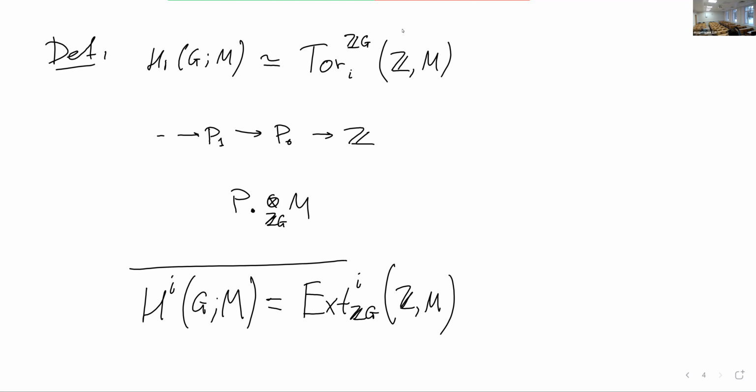We do have a projective resolution of Z, which we saw on the previous slide. So to calculate the cohomology groups, we just take the Hom from this projective resolution to M, and there is no need to calculate an injective resolution of M, which could be and often is very complicated.